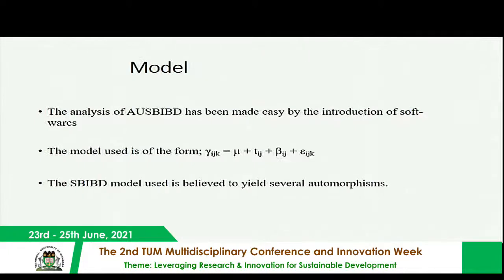Next. The model that was employed in this particular study is a simple model of a BIBD having the estimate of an observation Yijk equivalent to the grand mean mu plus the ith treatment effect, that is tau i, and then the jth block effect plus an error term epsilon ijk.